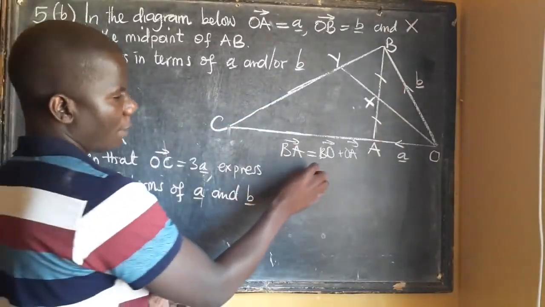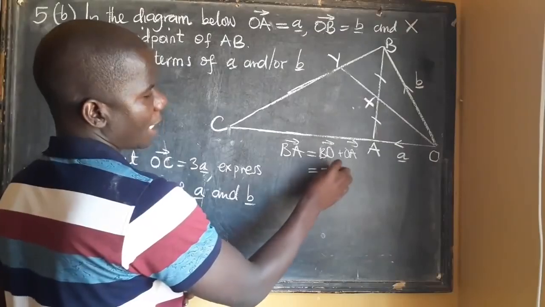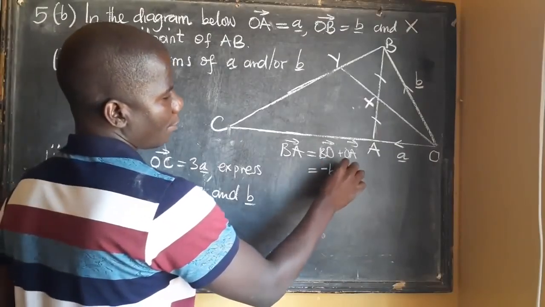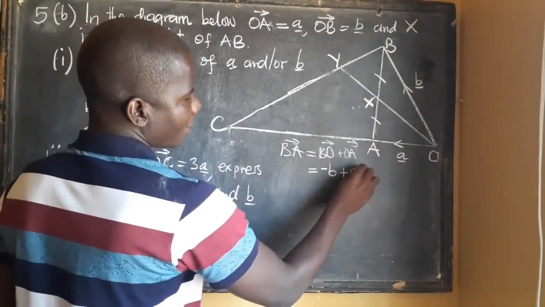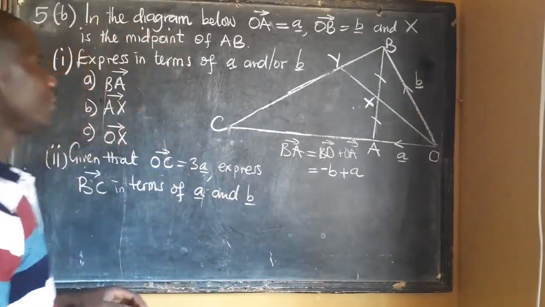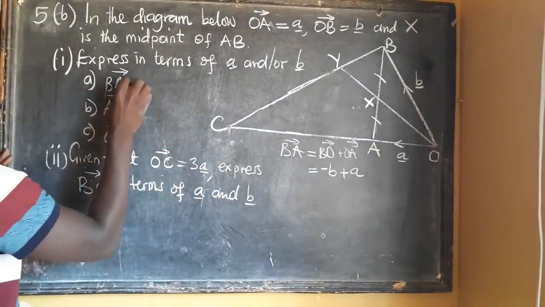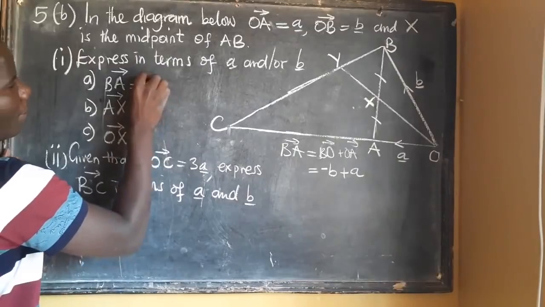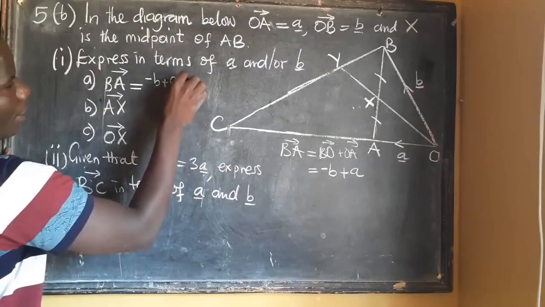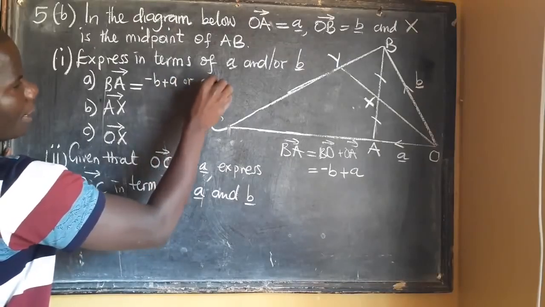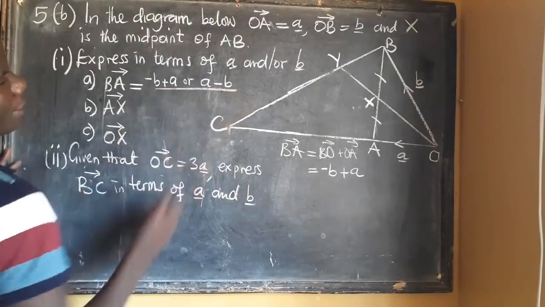So we're going to have minus B plus OA, it's A. So that is what we're going to have as our answer here: minus B plus A, or A minus B.